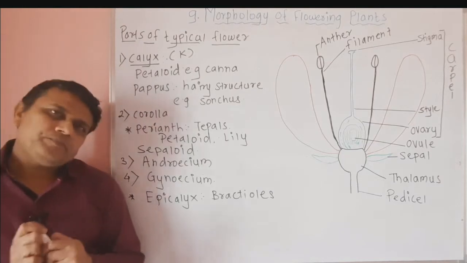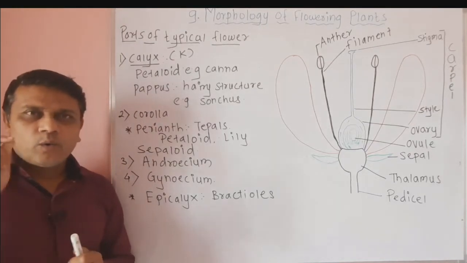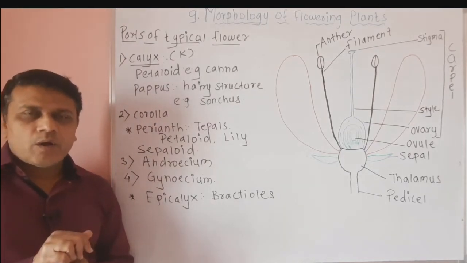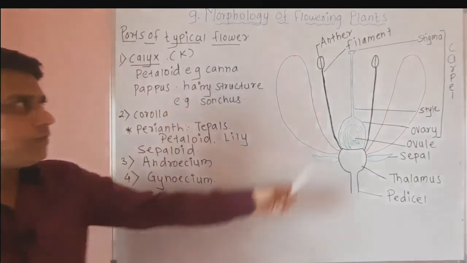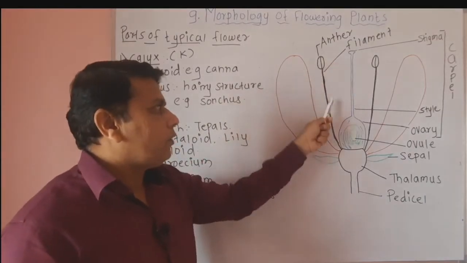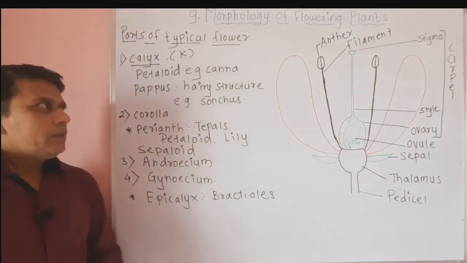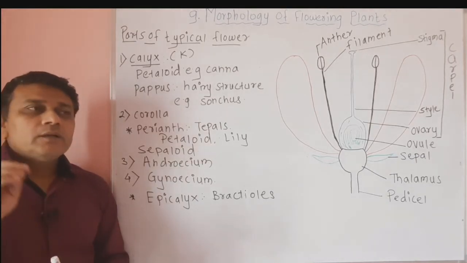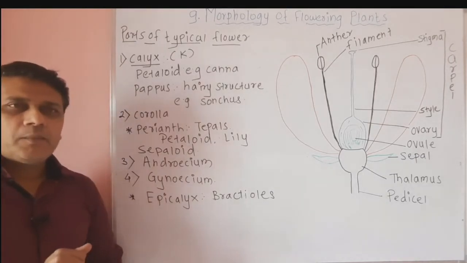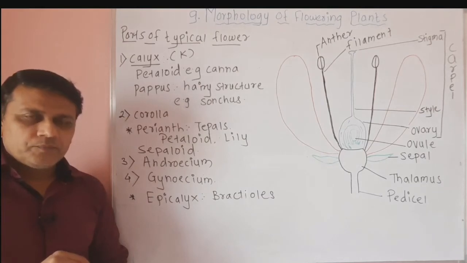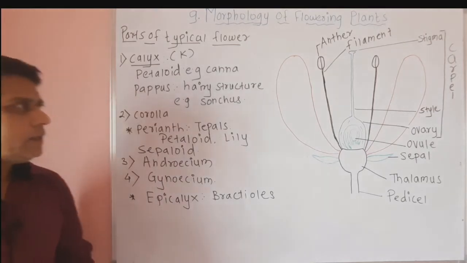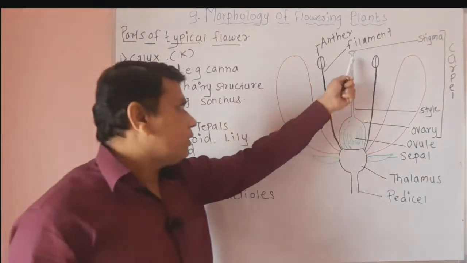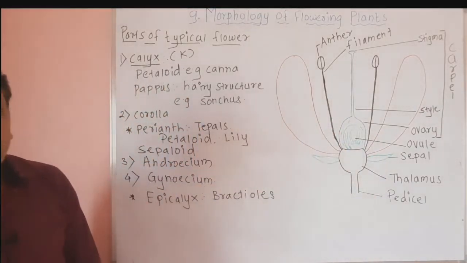So androecium is the male reproductive part or whorl of the flower and consists of individual members called as stamen. Each stamen is differentiated into anther, connective and filament. Then the function, it acts as the male reproductive part of the flower, and androecium produces pollen grains.